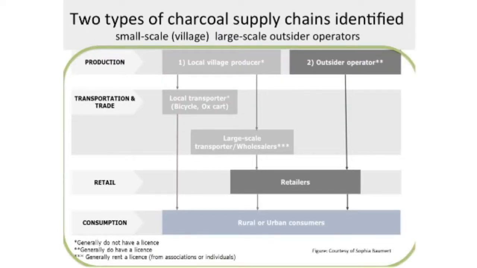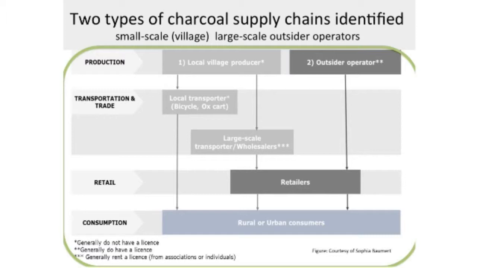I'm going to present some results from the whole project, and then I will focus on my part. This is one of the results we have come to. We have studied the supply chain of charcoal, and we have identified two main value chains, one run by locals and one run by outsider operators. In the local value chain, the villagers produce charcoal and sell it to a local transporter or a large-scale transporter.